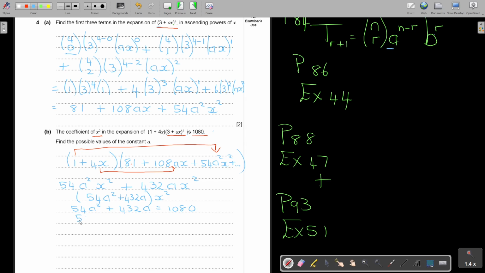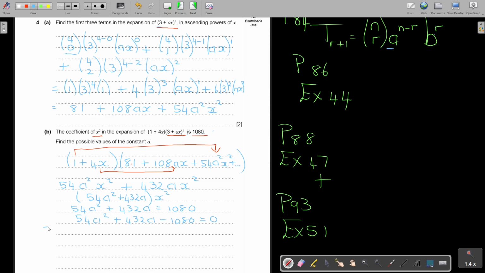I take everything to one side. Always, if it's a quadratic and not an identity or so, then I take everything to one side, and I put it equal to 0. And now I'm going to try to factorize, or I'm going to try to use the formula. Now, in the beginning I also didn't see that 54 can divide. But then you can just say, I divide by 2, I divide by 3, 3, 3.